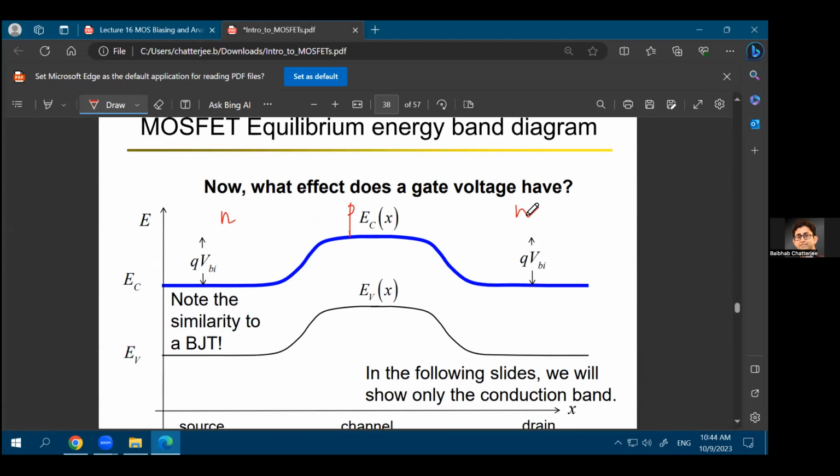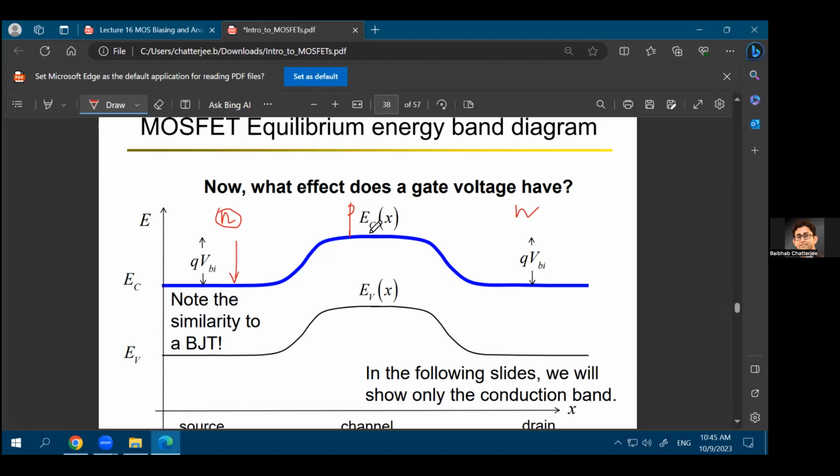If there are more electrons, the average energy will be lower. Again, why? Because the energy of one electron is minus q times V. If you have more and more electrons, the average energy in that entire region will be minus n times q times V, so it will be more negative if you have more electrons. So wherever you have an n region, the energy will be lower in the band diagram.